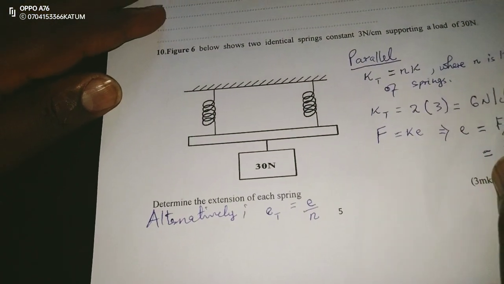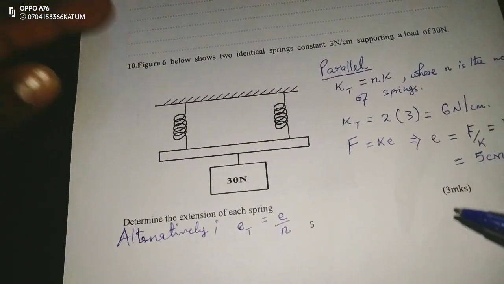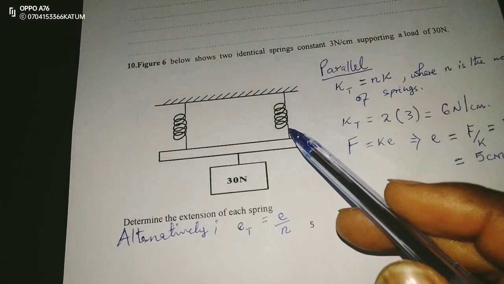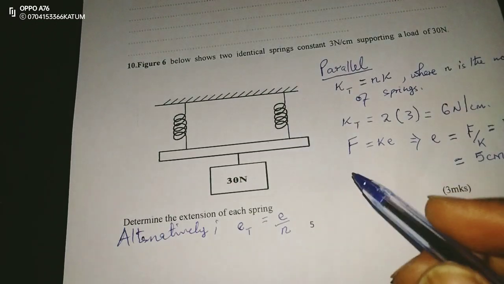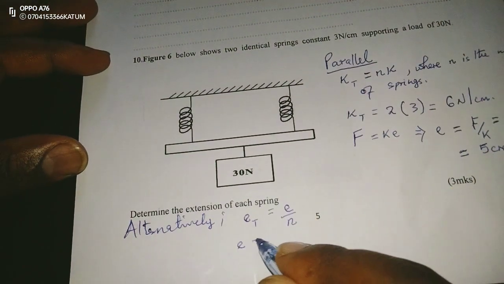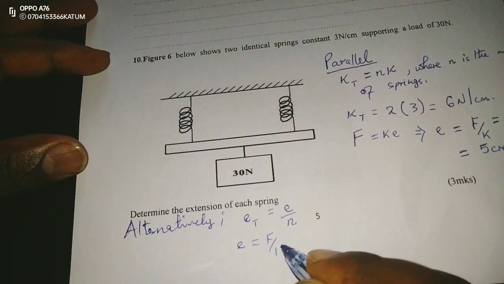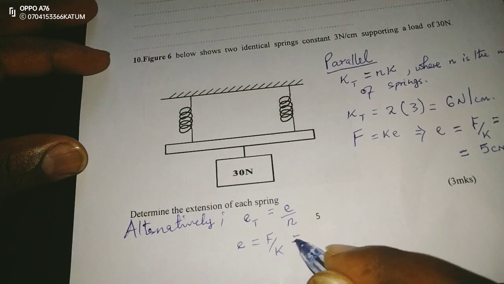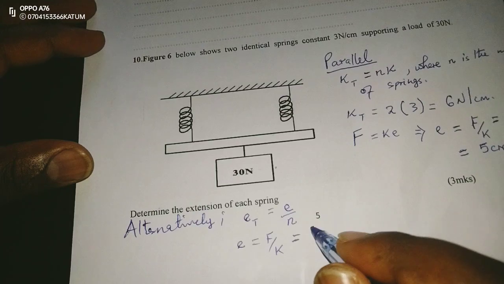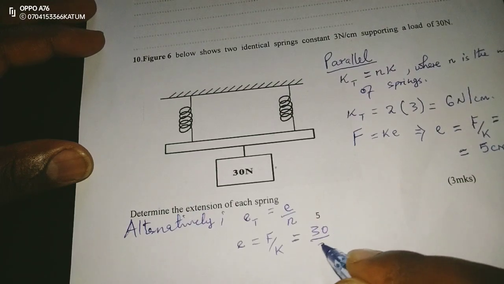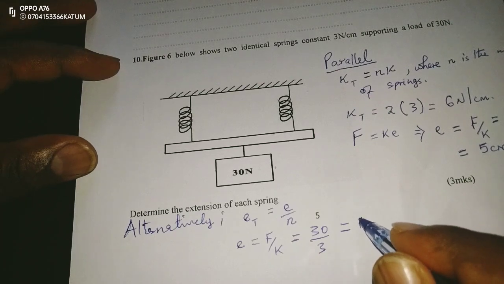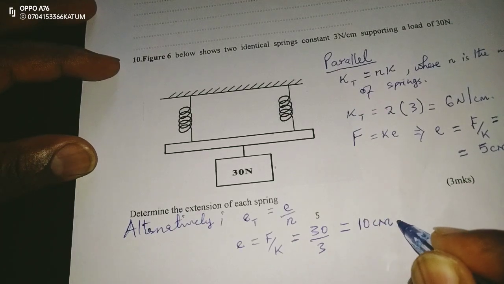So if one spring is let to lift this load, because extension is given by force out of constant, then if the 30 newtons were being lifted by one spring, we will have 30 out of 3. This is giving us exactly 10 centimeters.